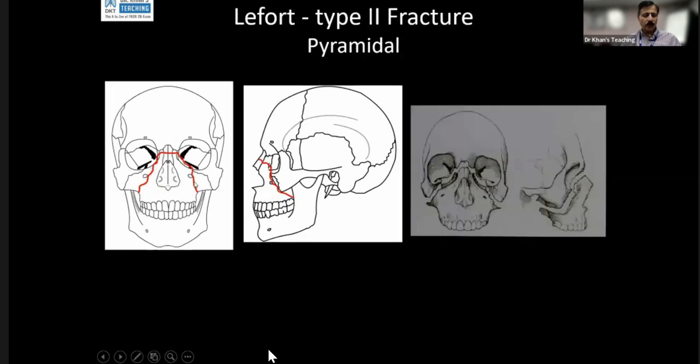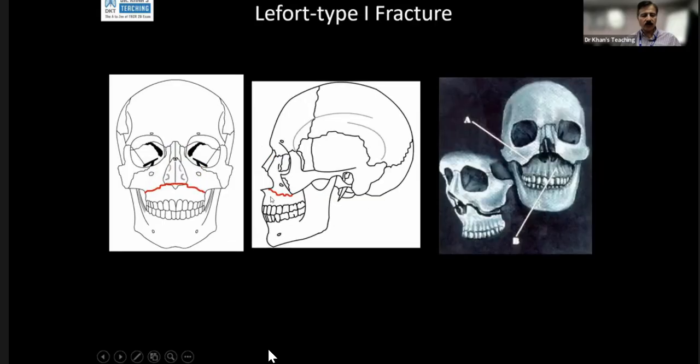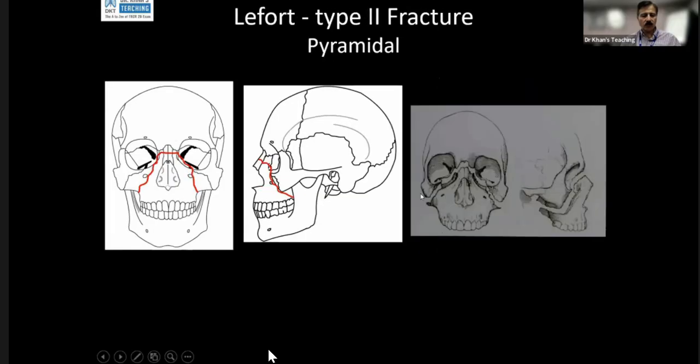In Le Fort 2, what is happening is that the line passes through the maxilla and the medial wall of the orbit. So indirectly, the whole of the maxilla becomes free. In the first one, only the alveolar ridge was moving. Here, the whole of the maxilla becomes free.